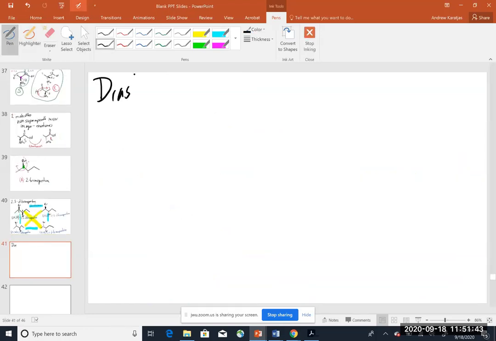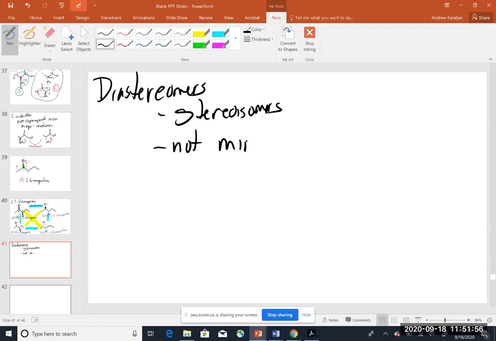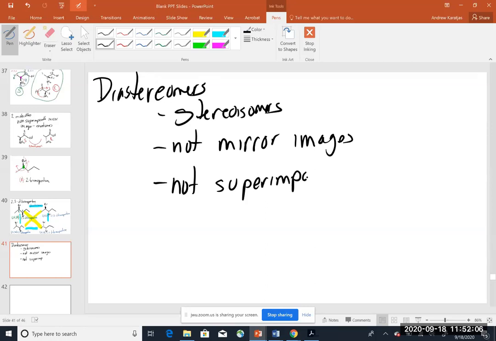So diastereomers are stereoisomers, not mirror images, and not superimposable. And usually the easiest way to identify them is to have a diastereomer.